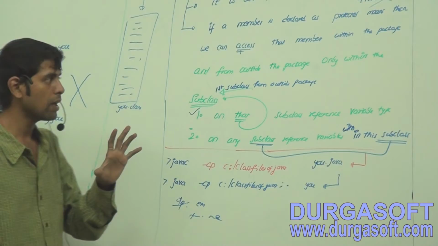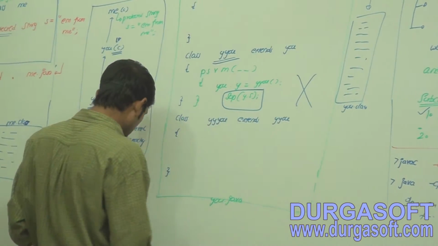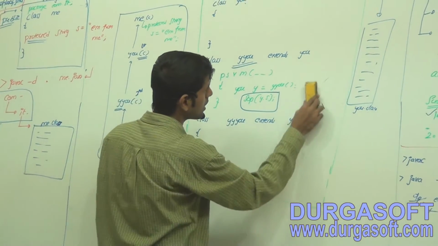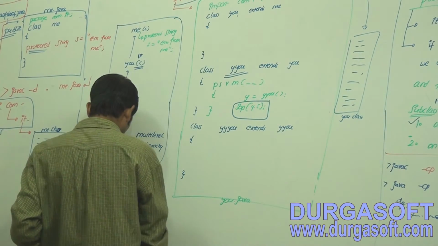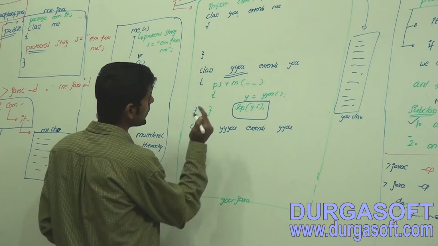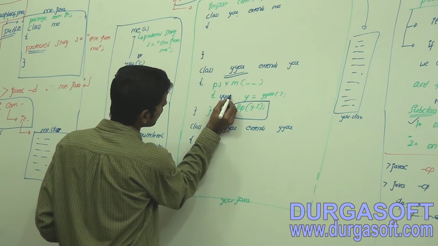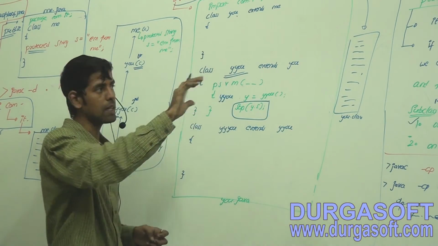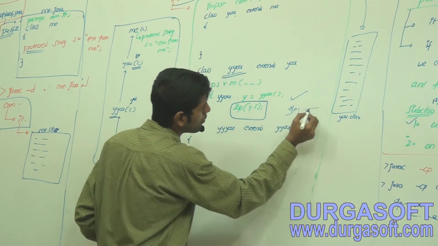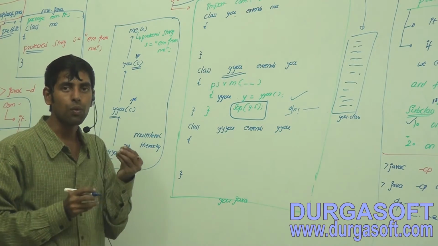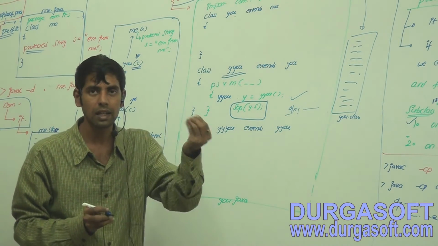Now how to avoid that compile time error here? You have to make this reference YU. Now it will get compiled successfully and it will give the output: I am from me, without any restriction.